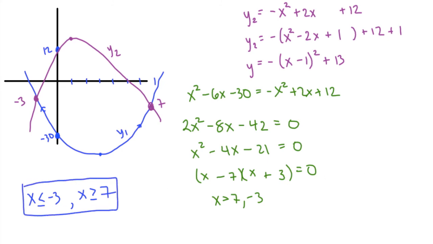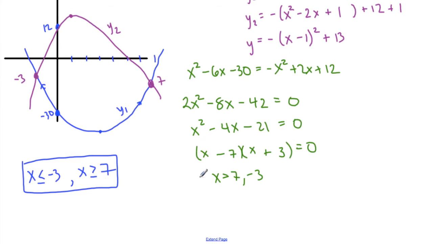Now I just want to take a second and talk about this question here. Let's say that I decided to do the inequality all the way through here. So when is this one greater than or equal to the other? At this point here, the algebra actually stops.